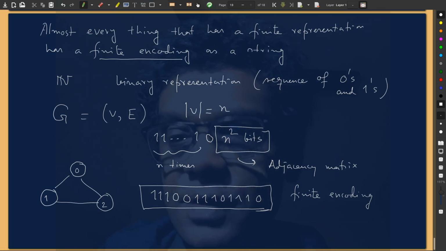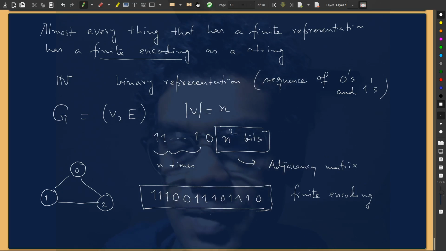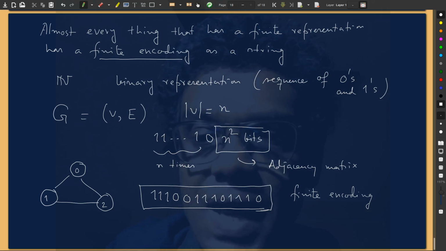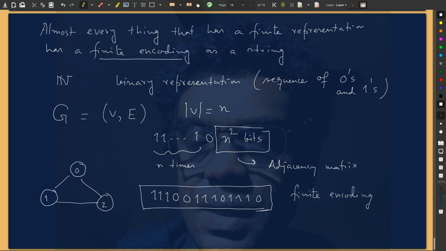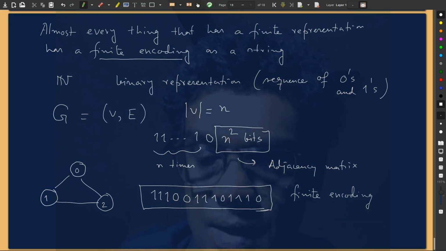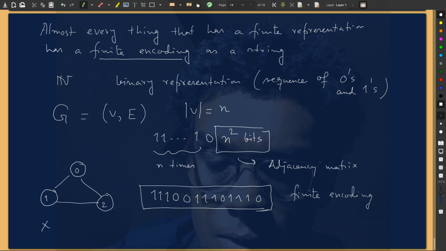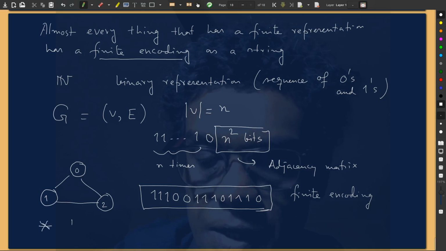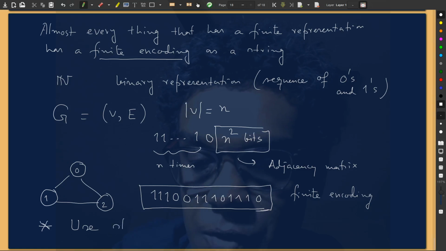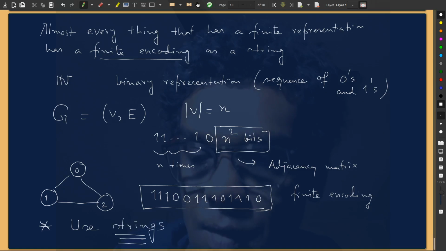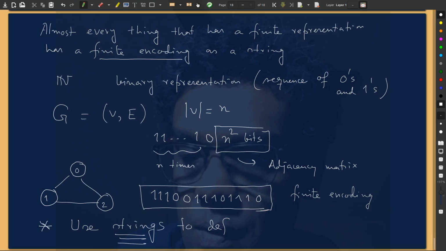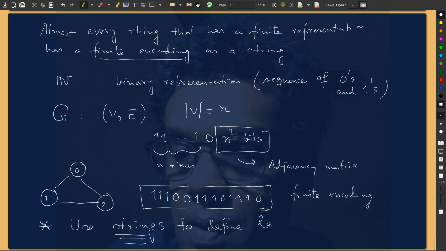Since every such thing, or almost every such thing in which we take interest, can be represented using a string, the good thing that we will do to start with is use strings and only strings to define languages.